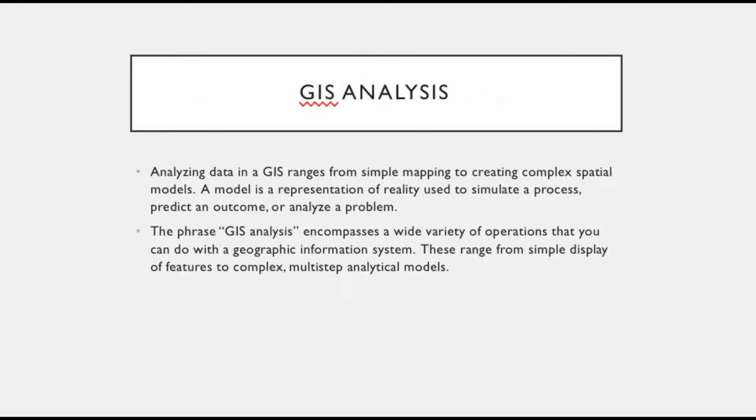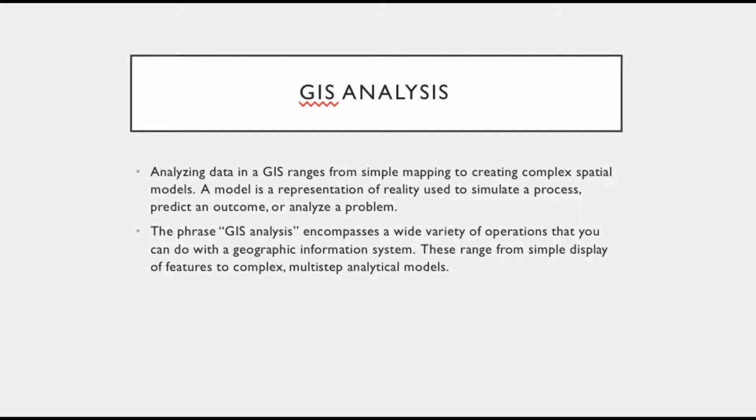GIS analysis. Analyzing data in a GIS ranges from simple mapping to creating complex spatial models. A model is a representation of reality used to simulate a process, predict an outcome, or analyze a problem. The phrase GIS analysis encompasses a wide variety of operations that you can do with a geographic information system.